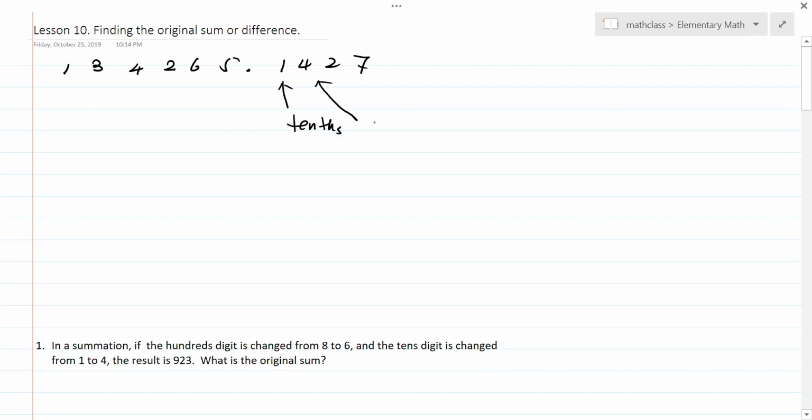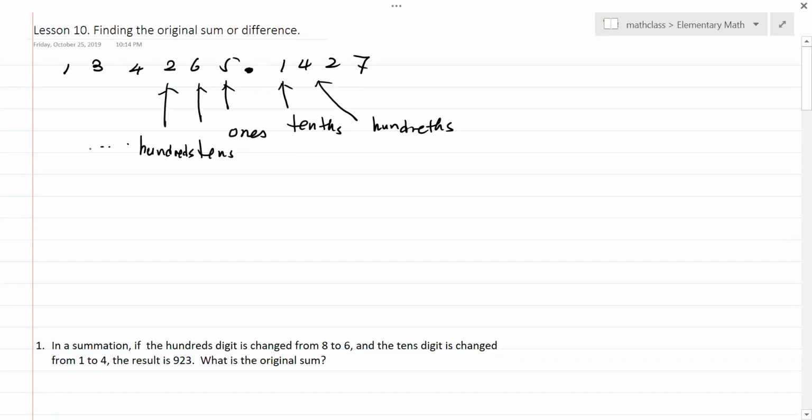This one is called hundreds, and so on. But this is a decimal point. And this is called ones. This is called the tens. And this is called the hundreds. And so on. So those are the names.